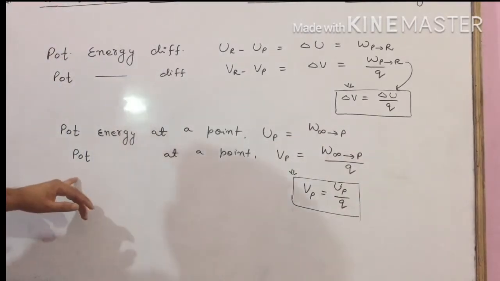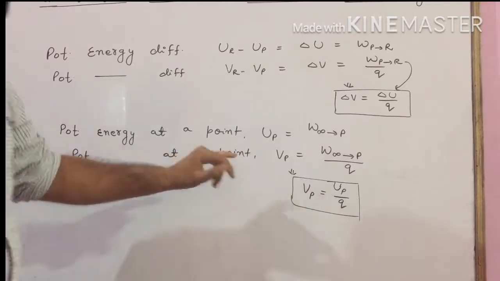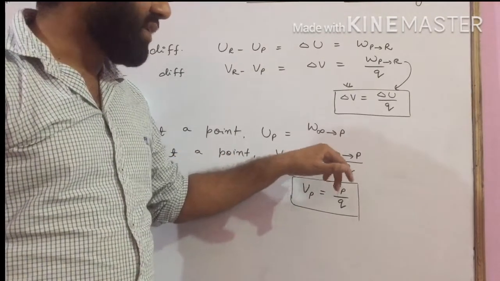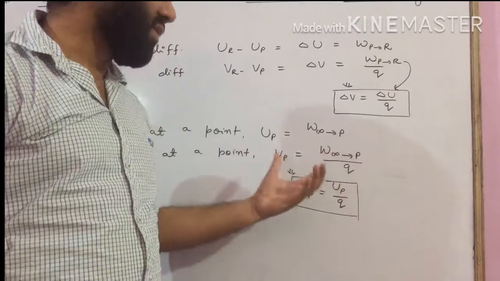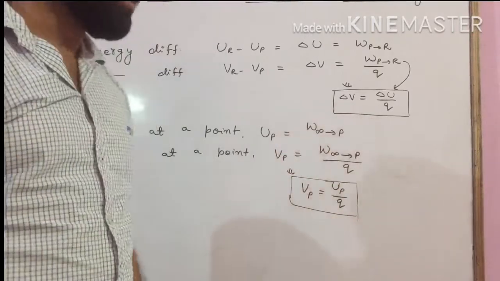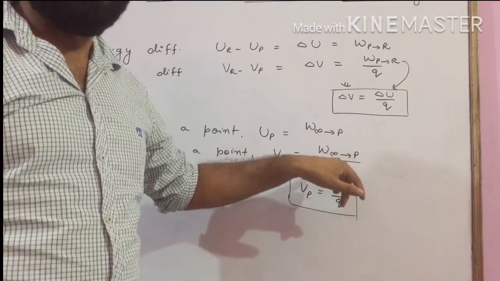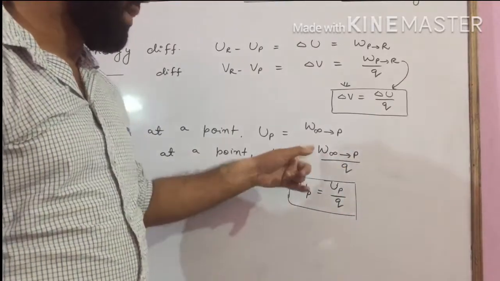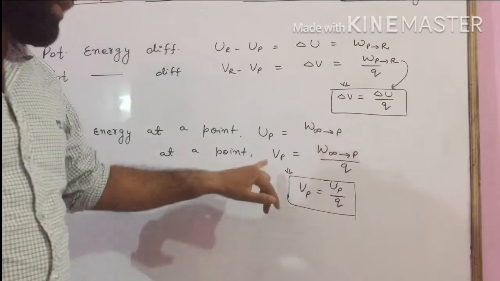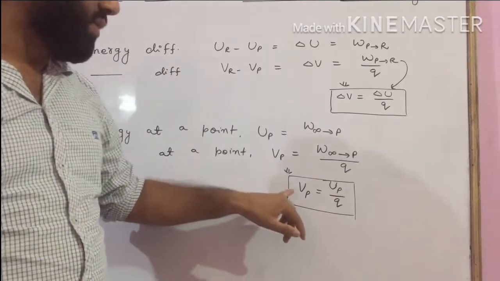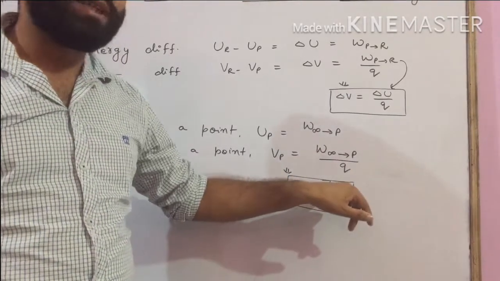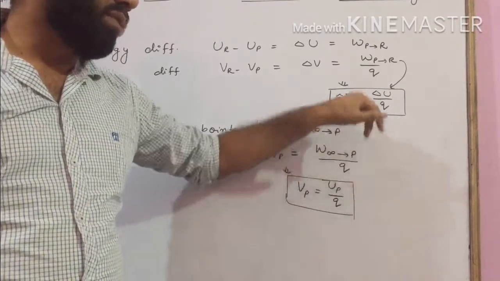And if we calculate the potential at a point, then again we have to move the charge from infinity, but again we have to calculate the work done per unit charge. So at last we will divide the work done by the charge, and we get the work done per unit charge, which is the potential at the point. So the relation between potential at a point and potential energy at a point will be a similar type of relation.